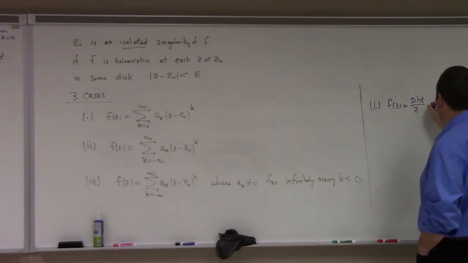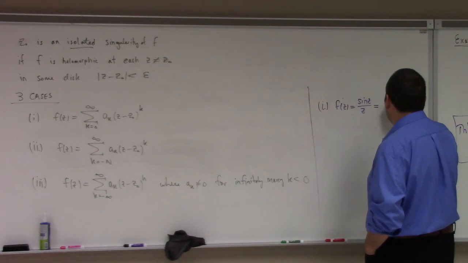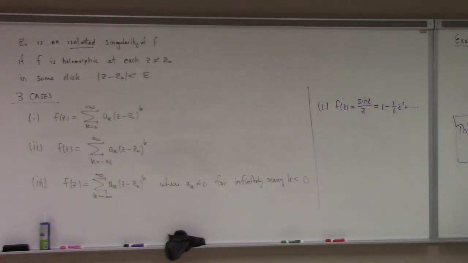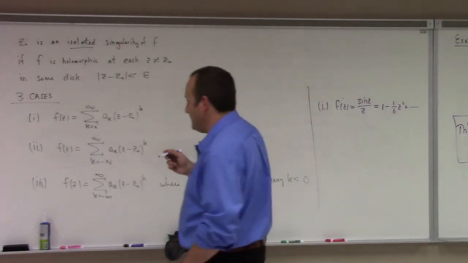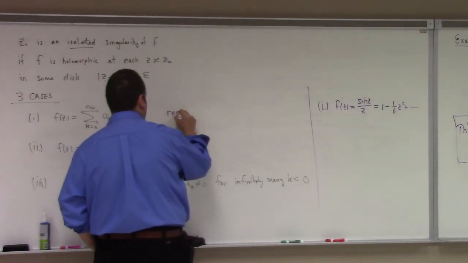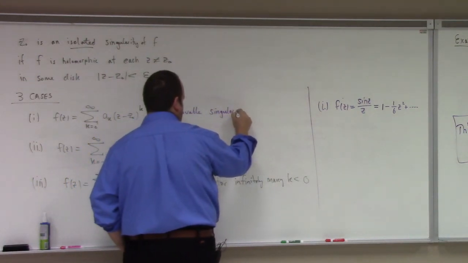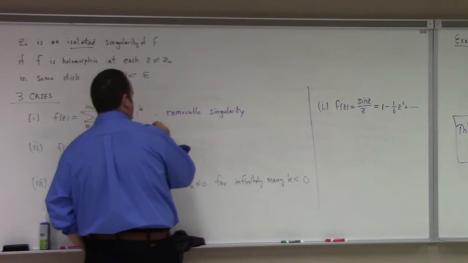And if you calculate the Laurent series expansion, it's exactly 1 minus 1/6 z squared plus dot dot dot, because all I did was cancel out the z in the power series expansion for sine with 1 over z. There you go, that's the Laurent series expansion. As you can see, it's just straight up holomorphic on the disk, actually. So this is what's called a hole in the graph. Here we call it a removable singularity, because removing it is as simple as just canceling out the term like I did.